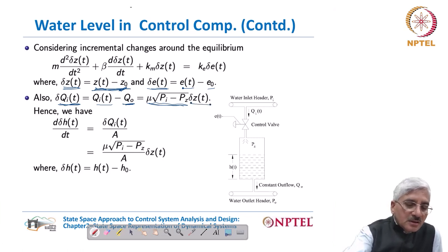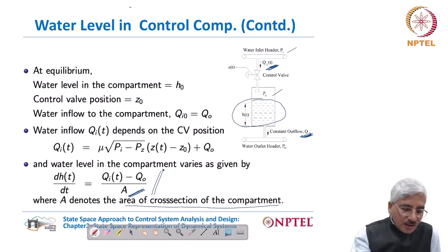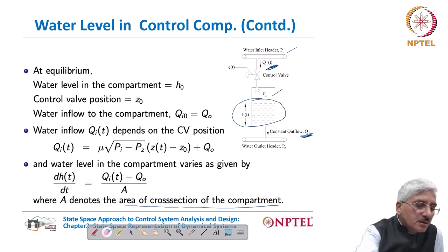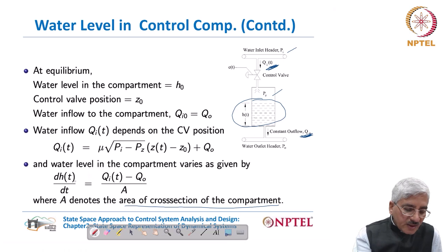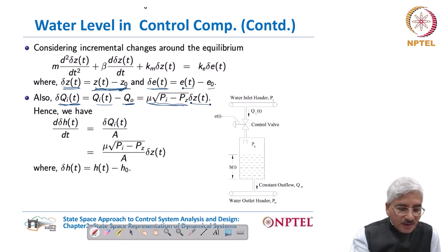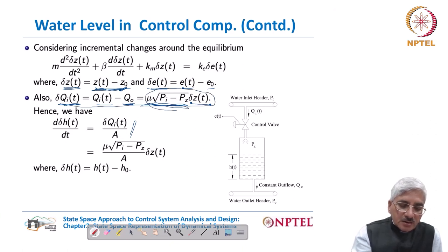So with this knowledge, in dH(t) by dt, if we substitute H0 plus delta H in place of H(t), and Q0 plus delta Qi in place of Qi, then we are going to get this expression: d delta H(t) by dt equal to delta Qi(t) by A, and this delta Qi(t) we have expressed here by this.